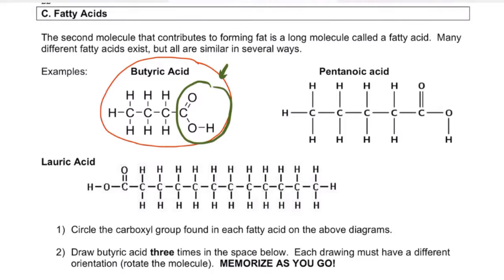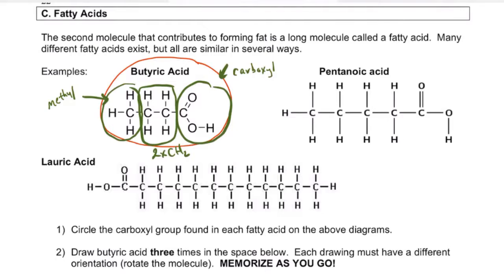So you've got your carboxyl. And you've got this methyl group here. And then you've got in the middle 2 times CH2, right? That's the butyric part, is that there's 2 of those guys in the middle.